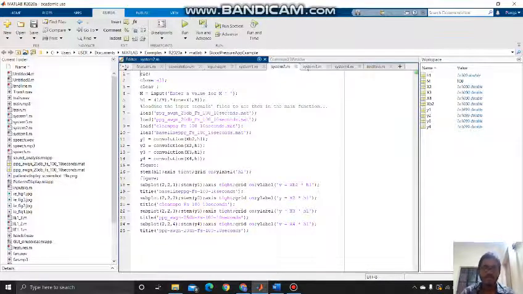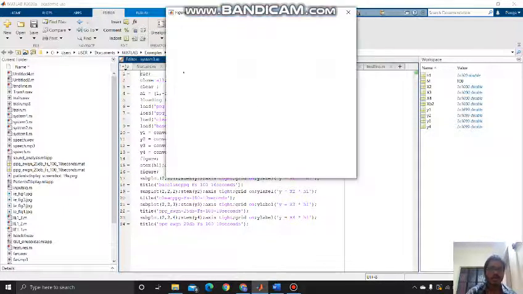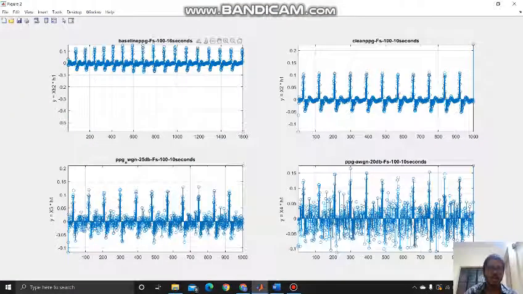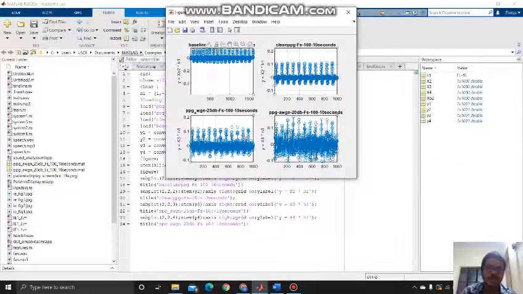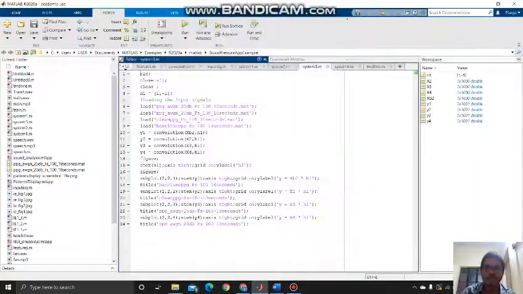And similarly for system 3, the impulse response is 1, -1, and the output after convolution is like this. Here we can see that only high frequencies are passed. So we can say that system 3 is a high pass filter because only high frequencies are passed, and this is the impulse response for system 3.